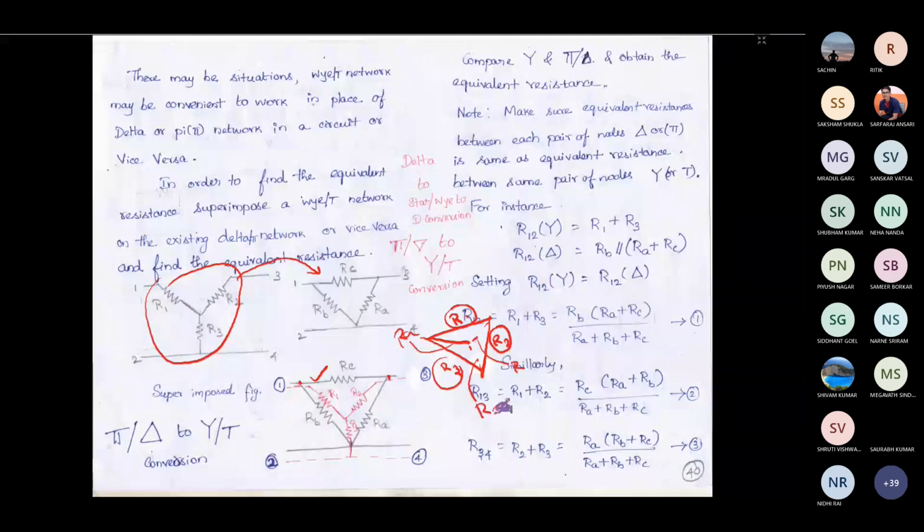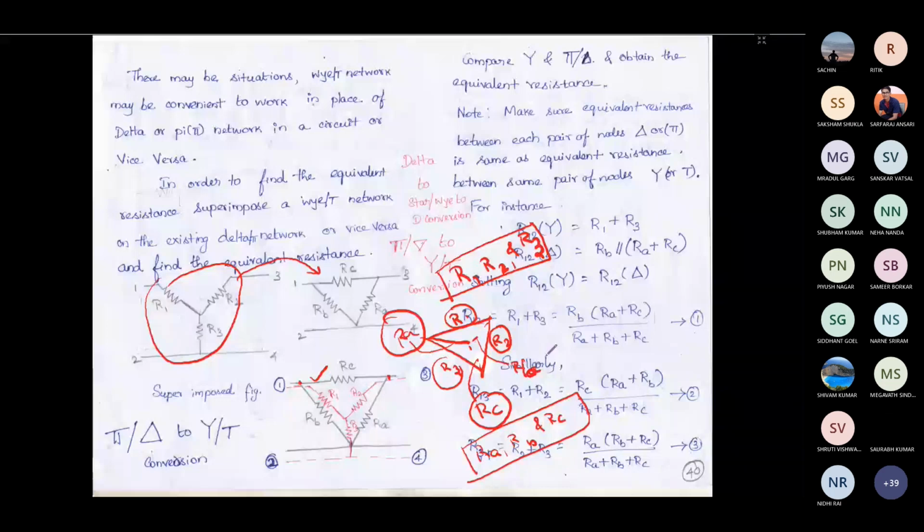We are going to represent RA, RB, and RC in terms of R1, R2, and R3. R1, R2, R3 are the resistances of the delta connection, whereas RA, RB, and RC are the values of the star connection. So we are going to represent the delta connection as a star connection.